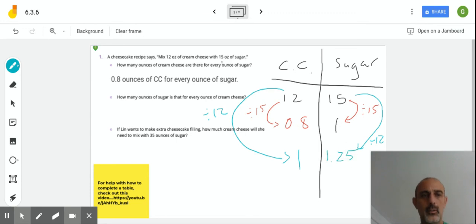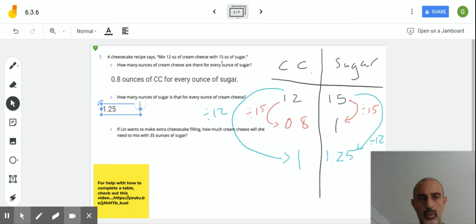So that means I'll do my text box again. I'll put it there. So we need 1.25 ounces of sugar for every ounce of cream cheese.